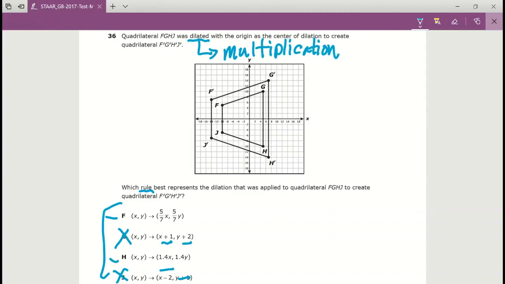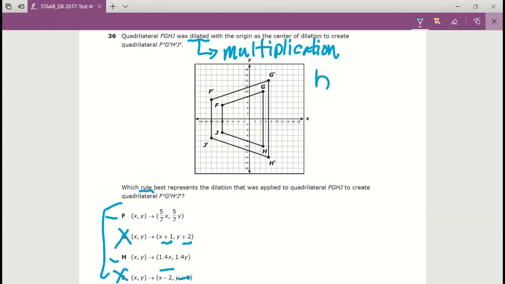So the next fact about dilations that we need to remember is that if our shape gets bigger, our scale factor is greater than 1, and if our shape gets smaller, then our scale factor is less than 1. So we start off with FGHJ, and we dilate it to get this bigger shape, FGHJ prime.